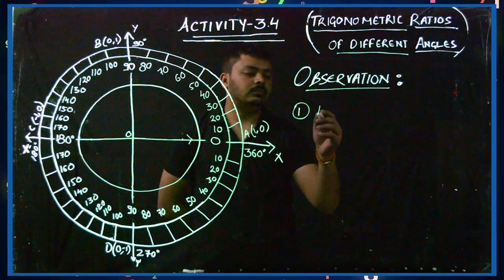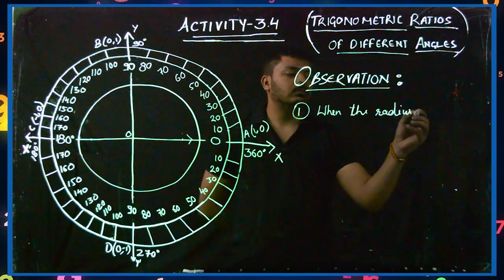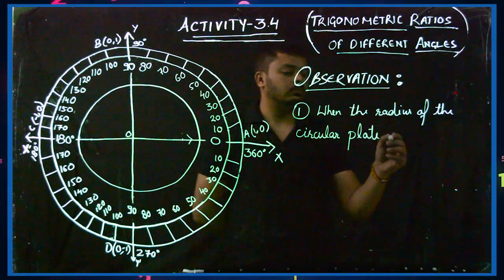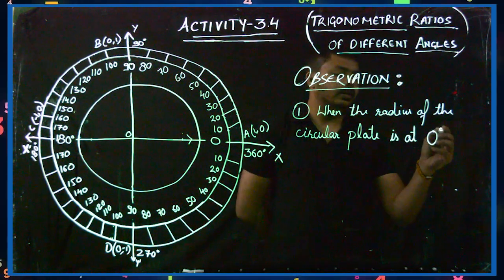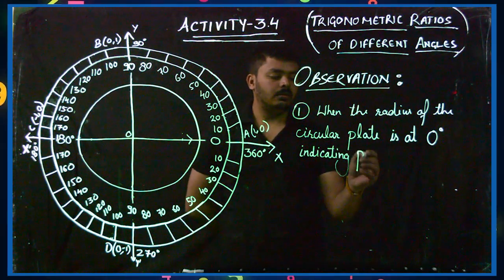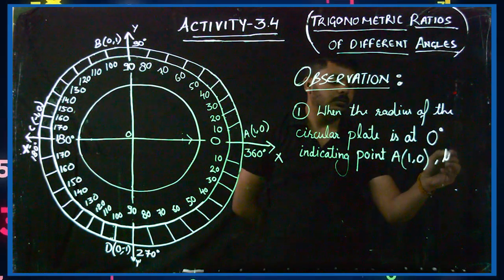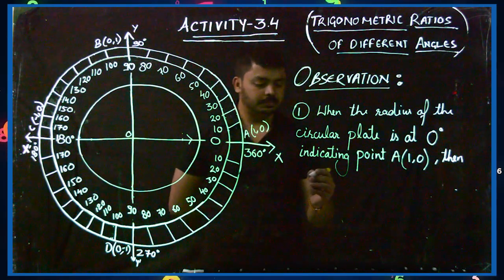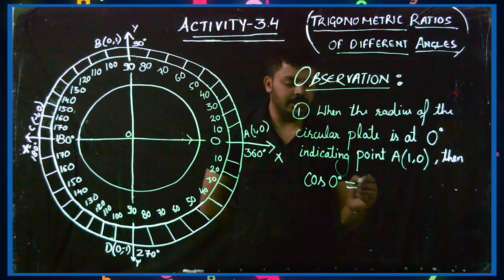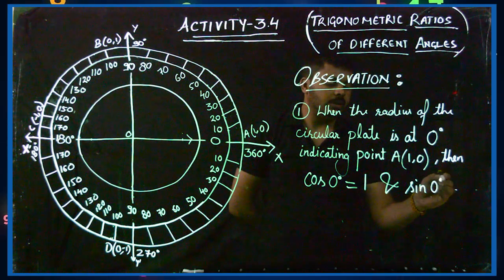First, when the radius of the circular plate is at 0 degree, indicating point A (1, 0), then at this point the cos function at 0 degree is 1 and sin 0 degree equals 0.